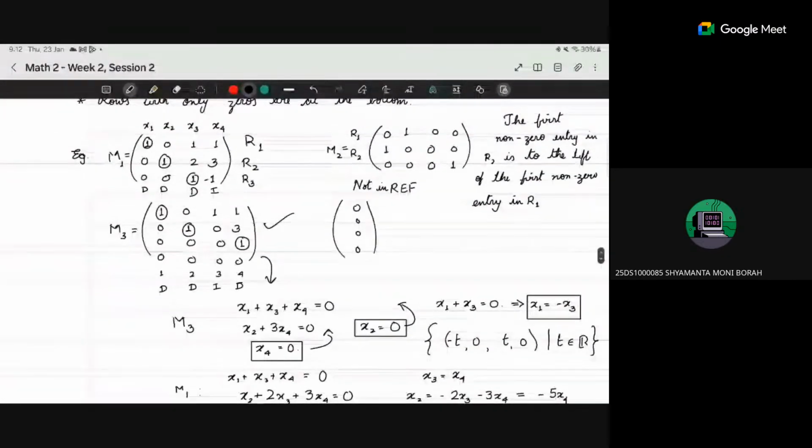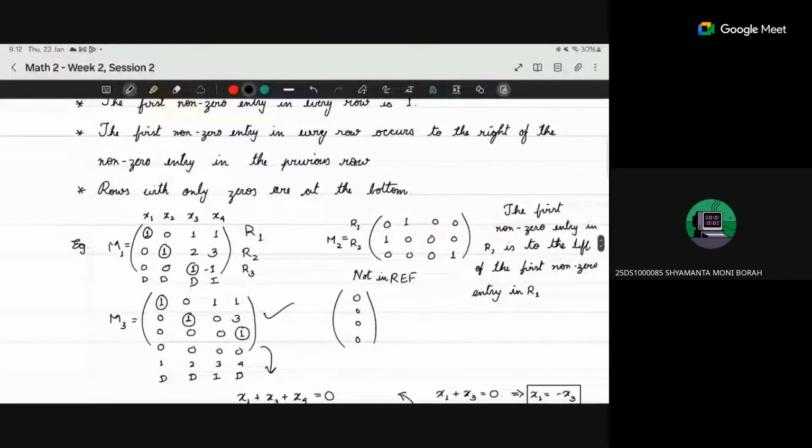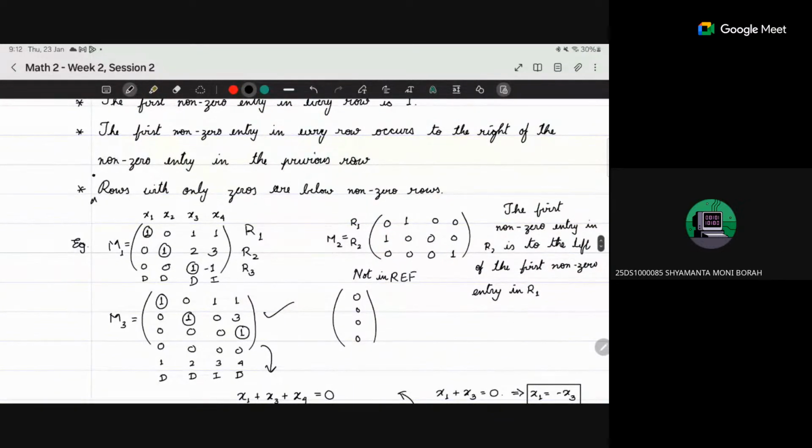All of them have to be below the non-zero rows. So it is not just one row, it is rows, possibly many rows with only zeros. Probably it's better to write it as: all rows with only zeros are below non-zero rows.